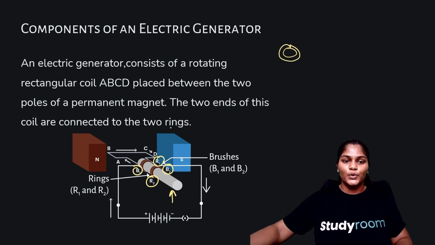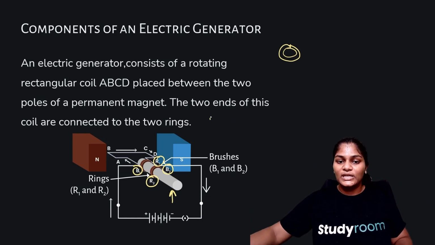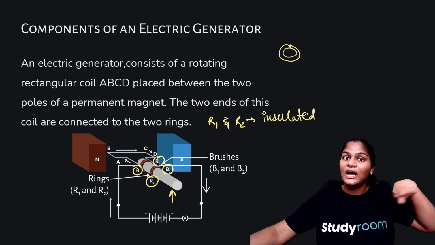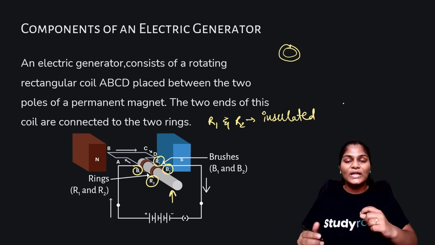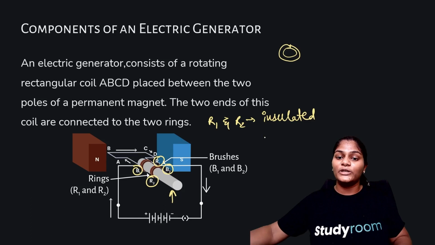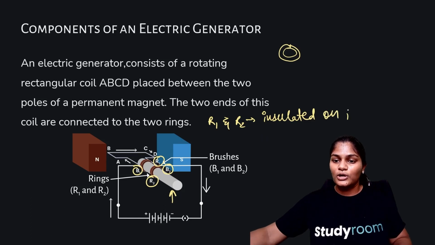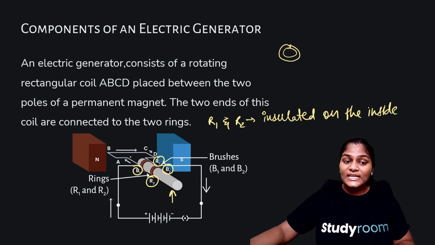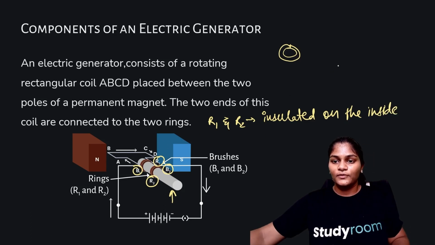Again, these two rings R1 and R2 are insulated on the inside. You remember we had insulated the half rings on the inside also, so that no current flows between them.